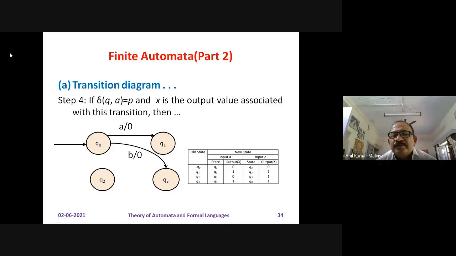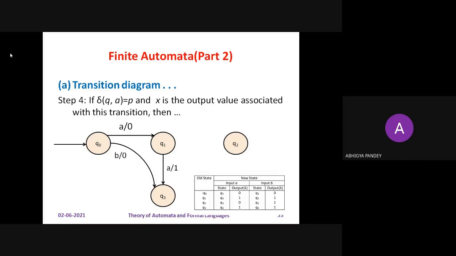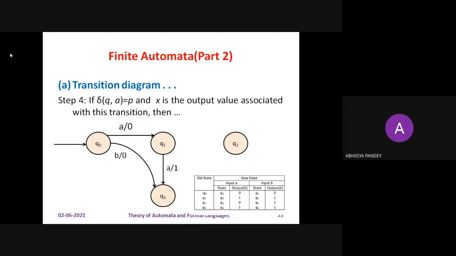Very good. With A oblique 1. Output will be 1 and input will be A. Is it right? Yes, sir, it is right.